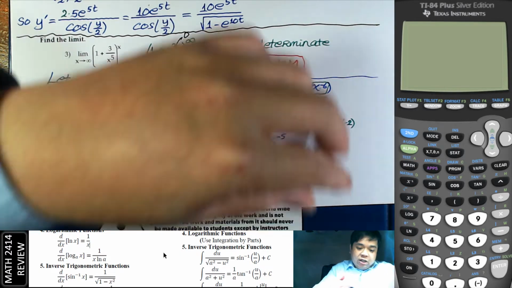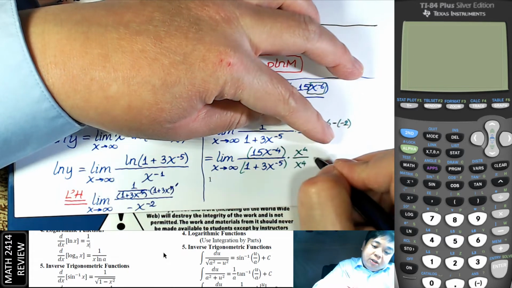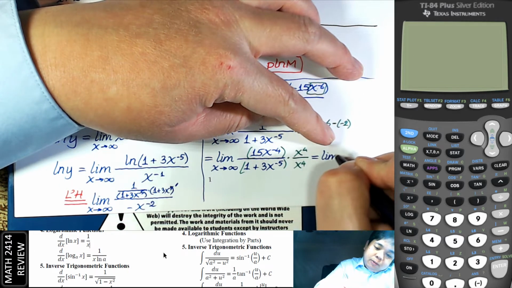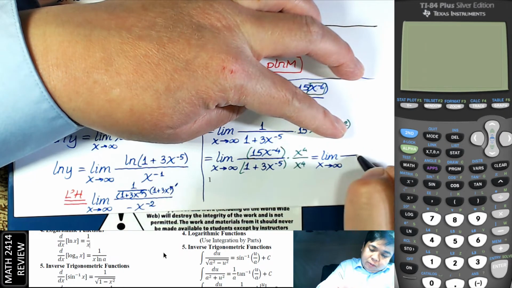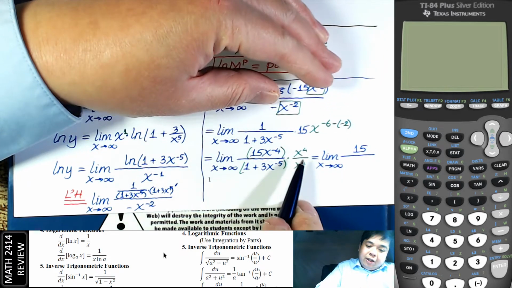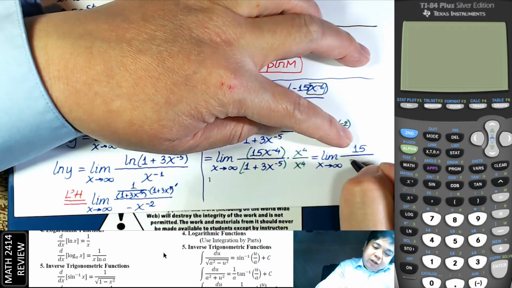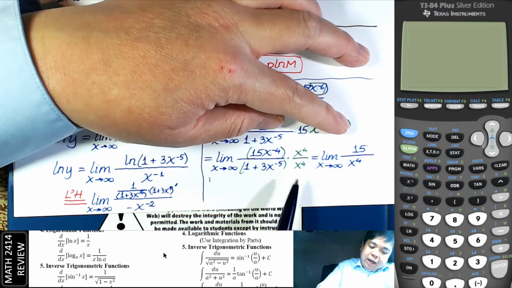If we do that, we just have 15 on the top. And x to the 4 times 1, and x to the 4 times this.